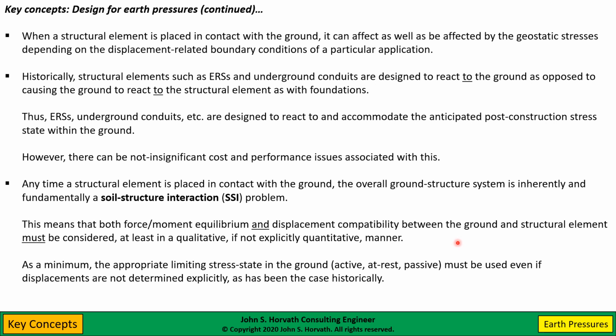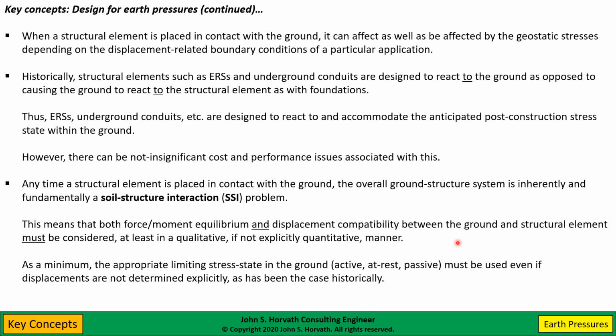So for example, if you had some sort of earth retaining structure, when you're designing it or assessing it, if it's existing, the first thing you need to ask is, can this structure inherently displace on its own? We may not calculate that displacement, but we need to make at least a qualitative assessment.